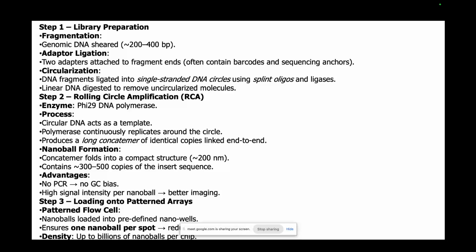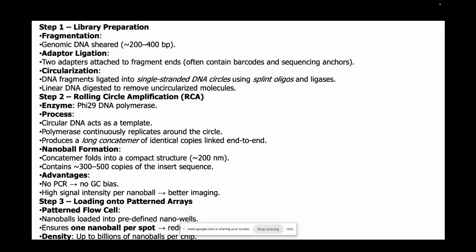It's a similar situation here. Here obviously we don't have histone, but we have formed this circular structure using the rolling circle amplification technique, and then you compact this whole thing into a small structure which is around 200 nanometers in diameter, and it contains 300 to 500 copies of the insert sequence. So after amplification, each read would have around 300 to 500 copies.